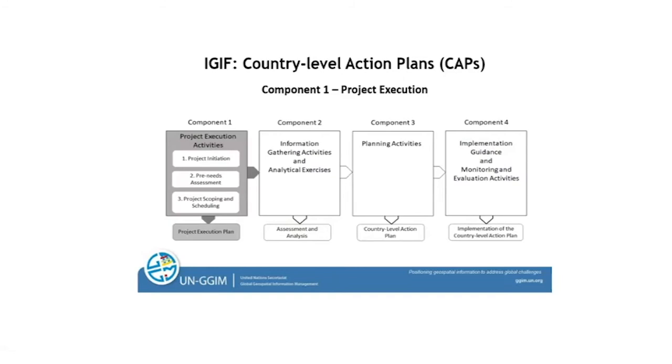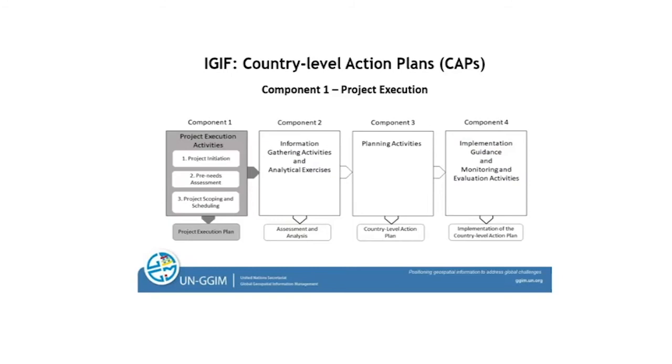We need baseline data: what exists, what kind of institutions and arrangements, what legal framework exists, to assess the existing components, take into account the strategic framework, and to arrive at and document an assessment and analysis of the situation.